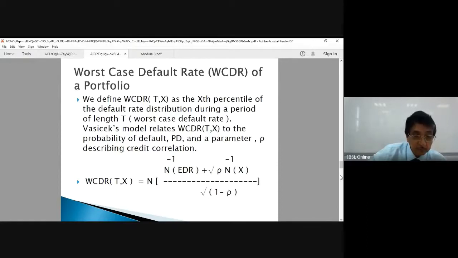Now T represents the period and X represents the probability of default, or it's a normal confidence level, so we call it our confidence that the PD may not go beyond a particular amount at this confidence level.